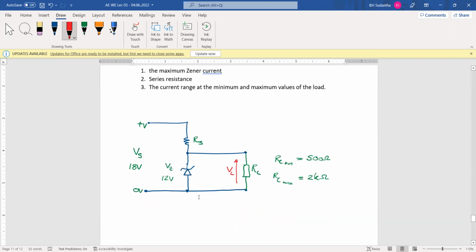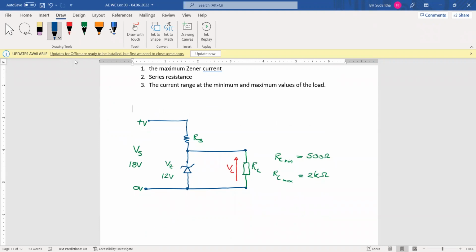Over time, the load voltage should be the Zener voltage. Then we have to find this incoming current, the Zener current, and the load current also.